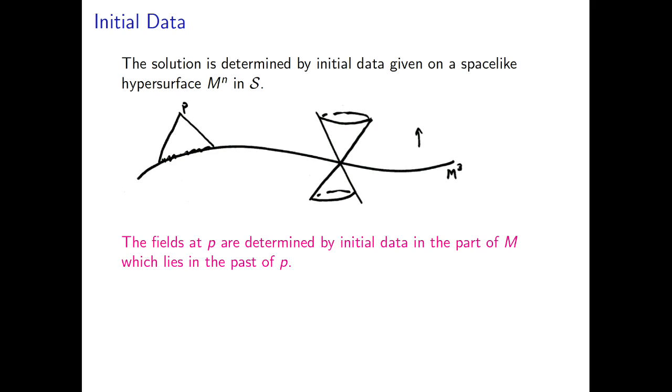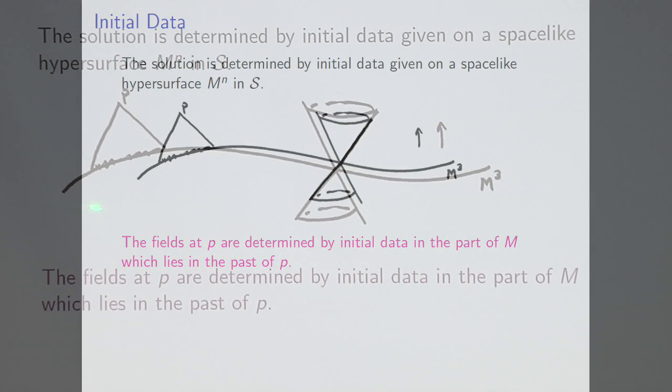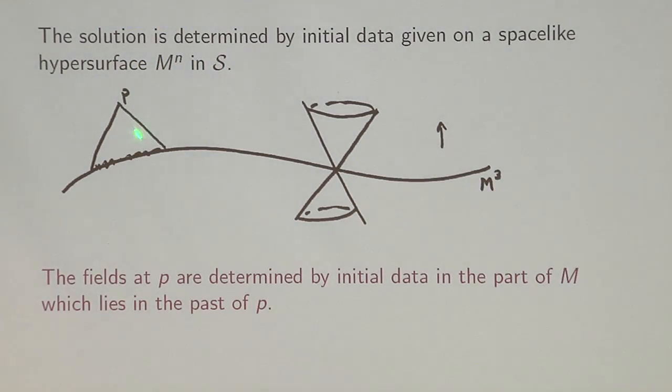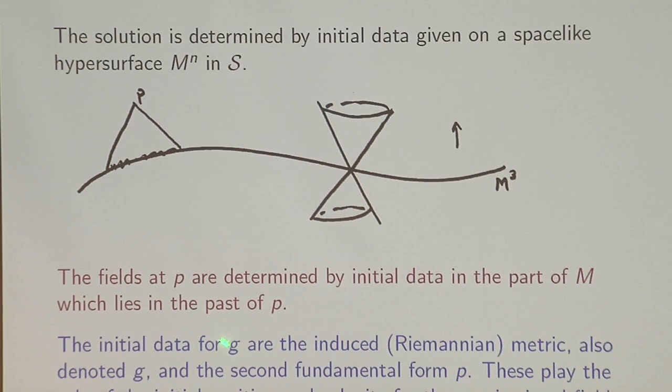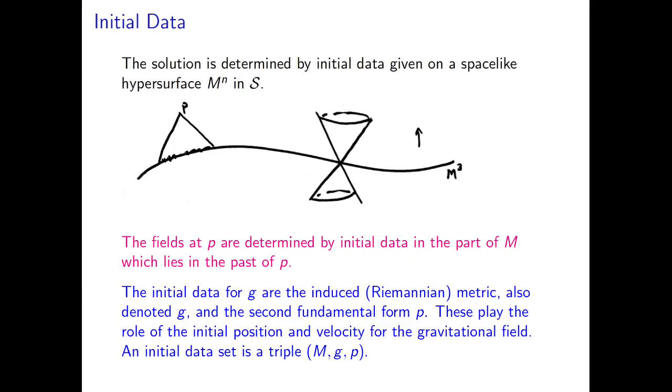And so the initial data is given on a hypersurface, and it'll always, in this talk, be three-dimensional. The specified initial data are the induced metric, it's the initial position, and the second fundamental form, which plays the role of the initial velocity. So second-order wave equation, so you expect to specify two initial conditions.